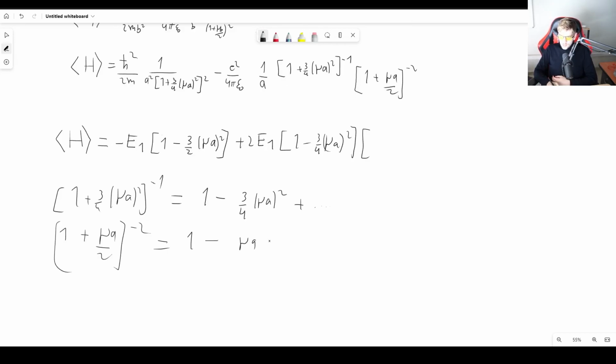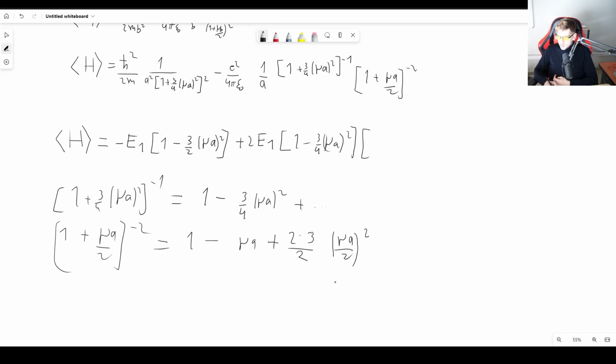And the next term would be plus, and then we get 2 times 2 plus 1, which would be 3, divided by 2 factorial times mu a over 2 squared. Right? Yes.